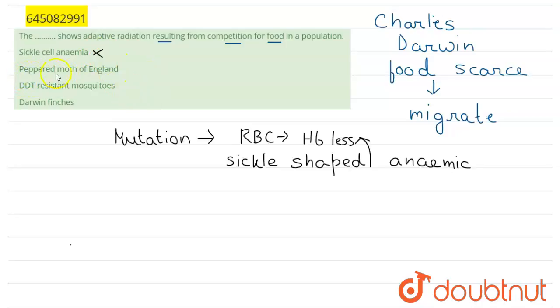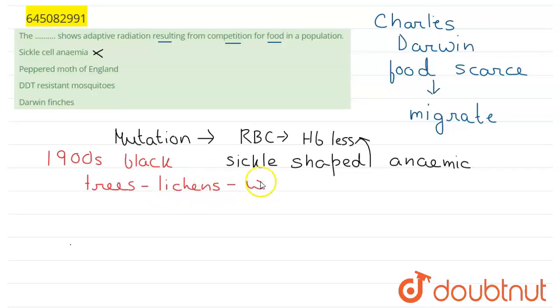The second option given is the peppered moth of England. When the Industrial Revolution of England happened in the 1900s, black colored peppered moths were seen. Previously, before the Industrial Revolution, the white moths were predominant because they lived in trees, and the trees had lichens on them, so the white moths could easily hide.